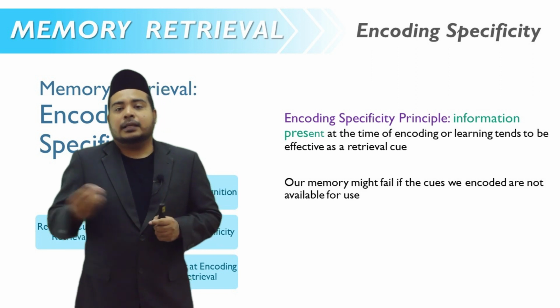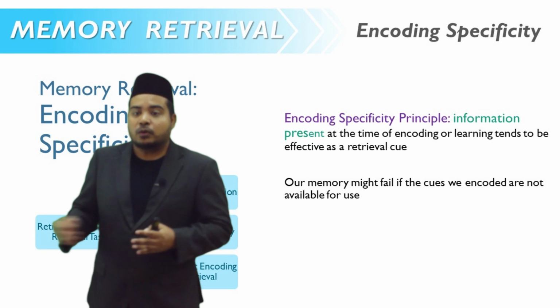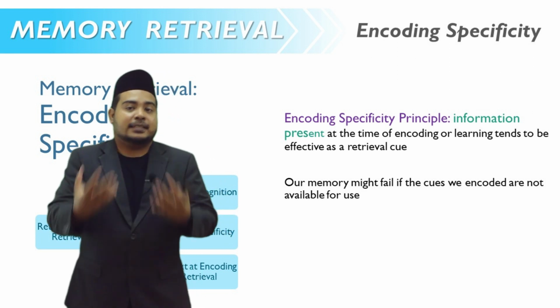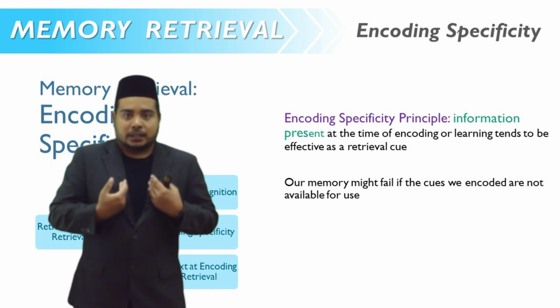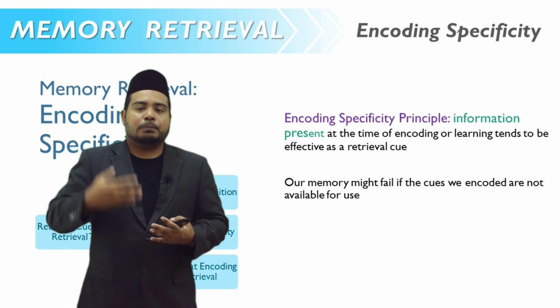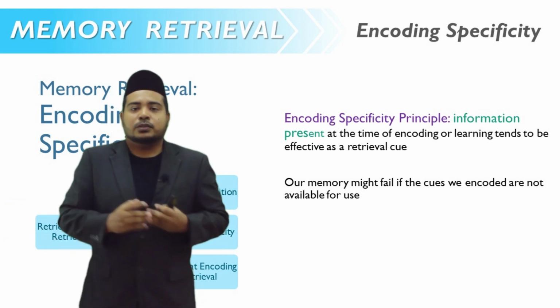Another example, when you study with your friends, or you understand the concept of the encoding specificity principle from me. So during the exam, or when people ask you, I'm not present, your friend is not present, so what happened?